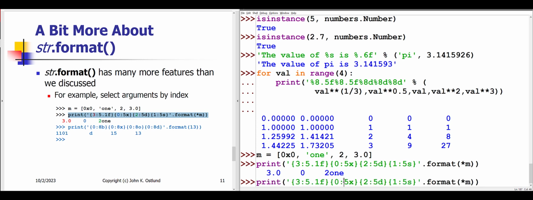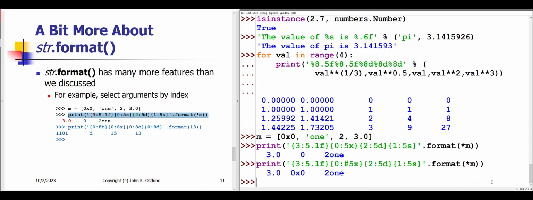If I stick a pound sign in front of the 5, that means that I want to see the prefix. There we go. All right, so now I've got 5 for my float, 5 for my hex number, 5 for my decimal number, and 5 for my left justified string.